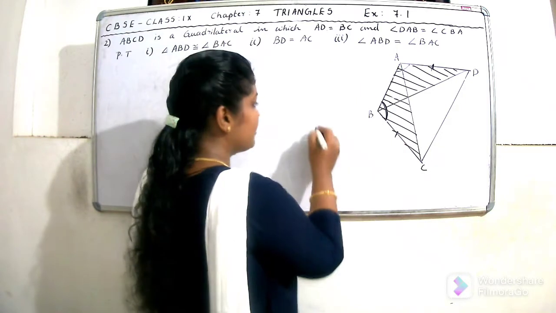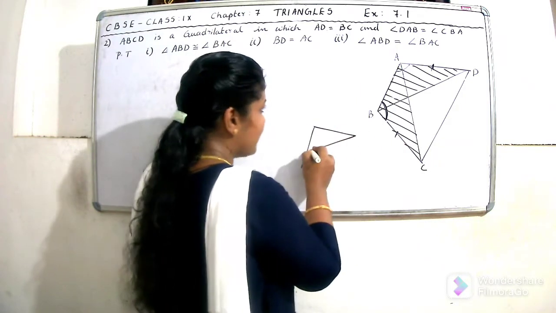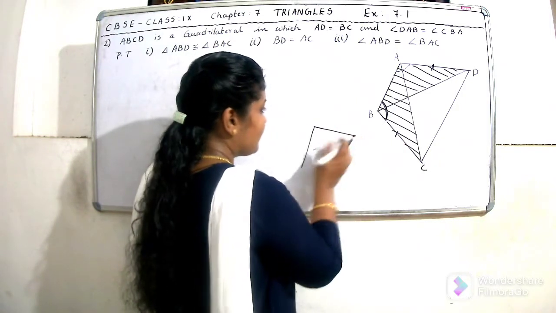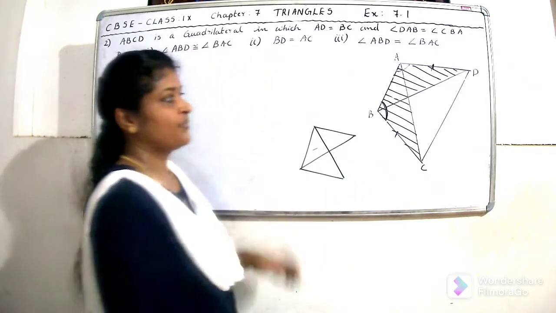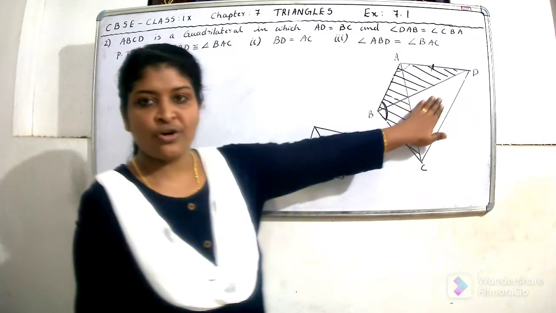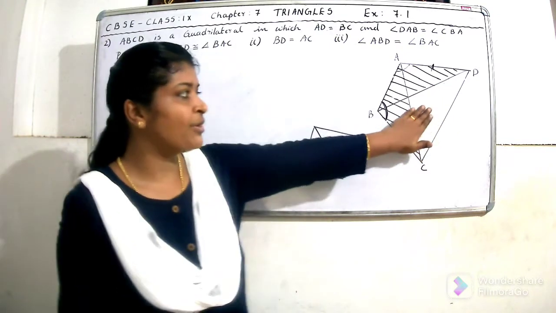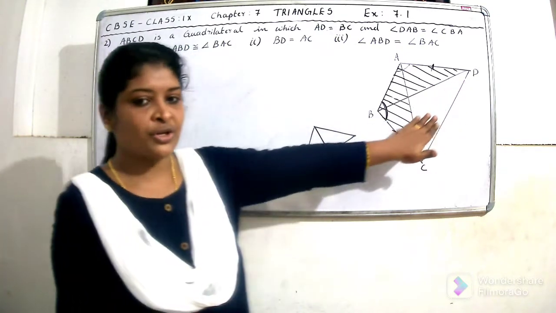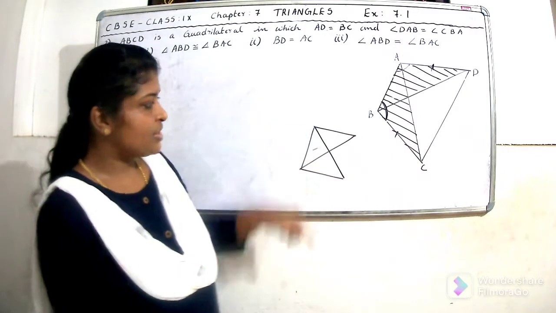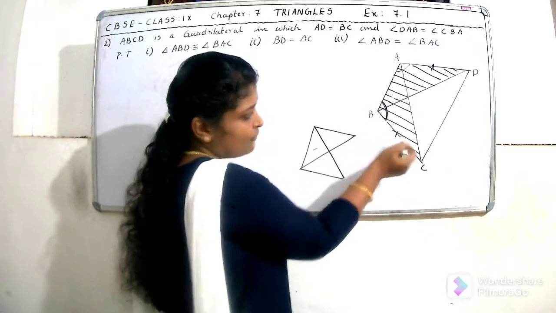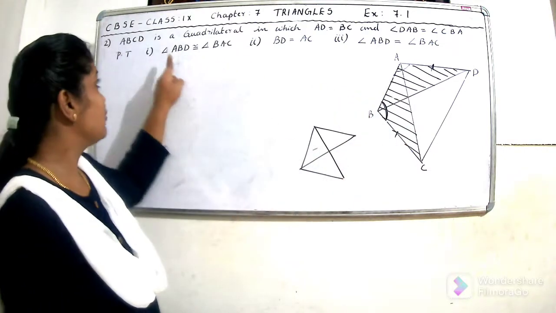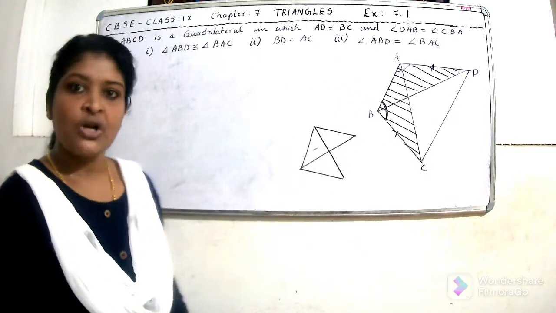So if we are taking the triangle, in this way, this part we are not using in the quadrilateral. This portion we are not using. So this part fully we are taking as one triangle, and this part fully we are taking as one triangle. So those two triangles we have to consider. So let us start.